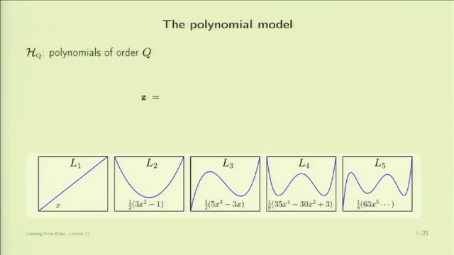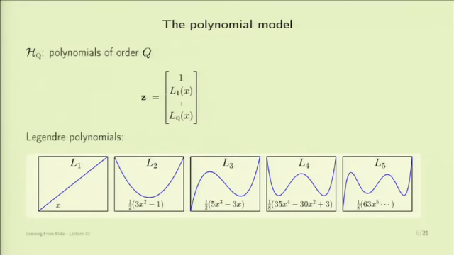And the nonlinear transformation that takes the scalar variable x and produces this polynomial is given by this vector as usual. You start with the mandatory 1, and then you have Legendre of order 1 up to Legendre of order q. When you combine these linearly, you are going to get a polynomial of order q. Not a weird polynomial of order q, just a regular polynomial of order q, just represented in this way. So if you actually sum up all the coefficients, there will be a coefficient for the constant, a coefficient for x, a coefficient for x squared, up to x to the q.